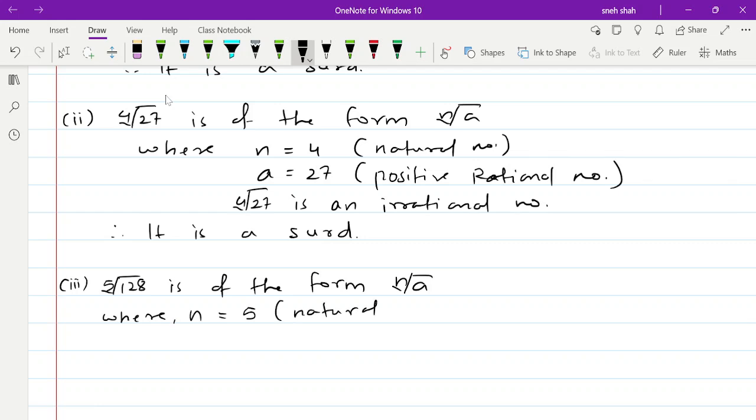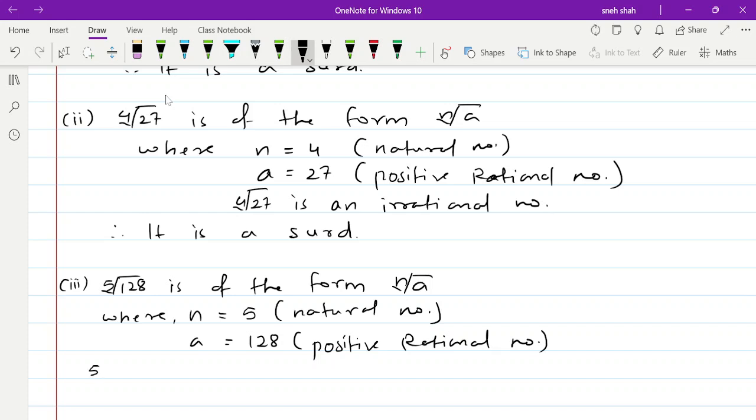Now, 5 being a natural number fulfills the first criteria of a surd. And a, which is 128, is also a positive rational number.